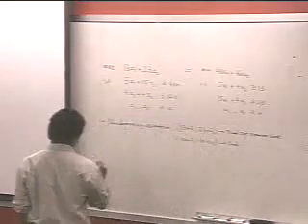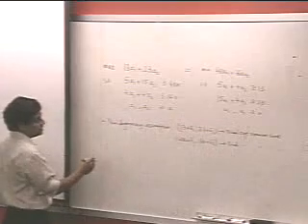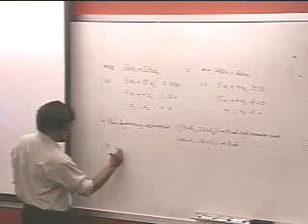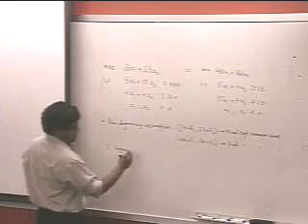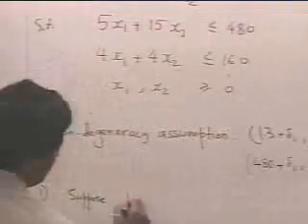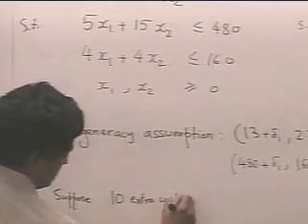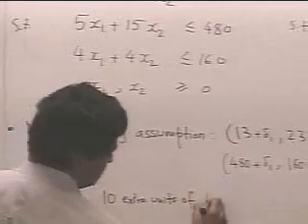So this is the first question that one can answer using duality ideas. Suppose 10 extra units of tops are available.